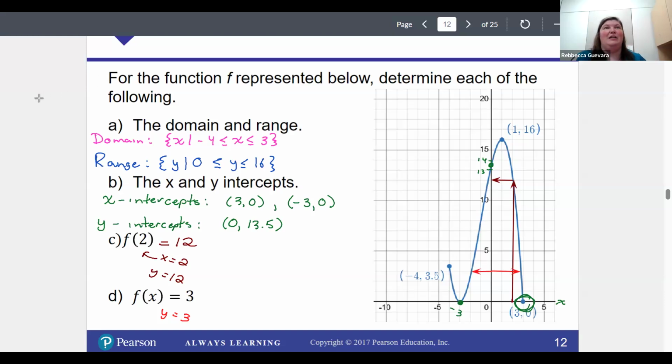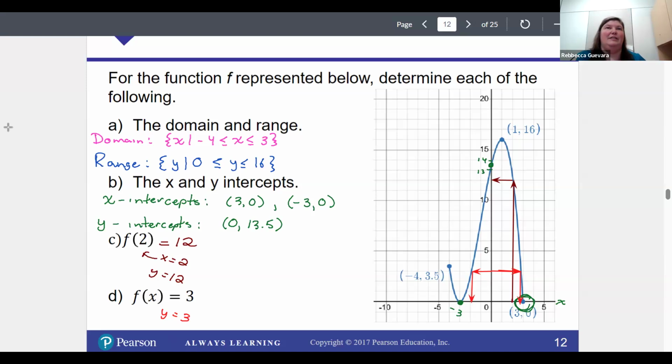So at 3, we hit 2 places. We go out this way and we come down. That's just a little before the 3 there. And then here we come down and hit here.